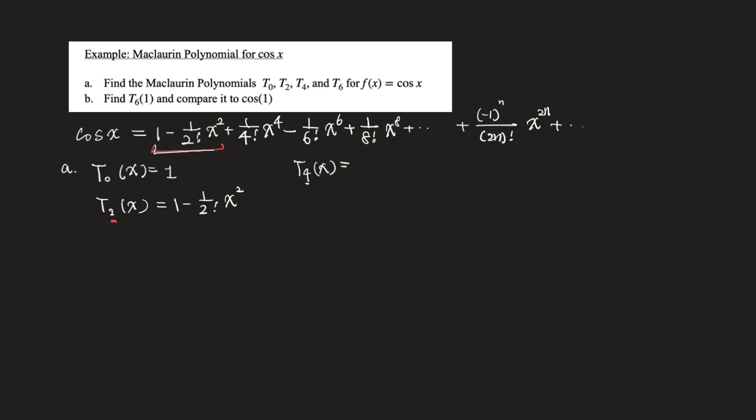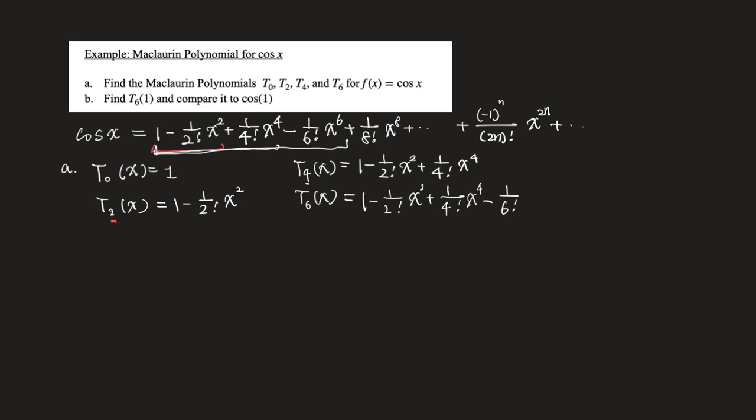You take the constant up to degree 4: 1 minus 1 over 2 factorial x squared plus 1 over 4 factorial x to the fourth. T6 is degree 6, meaning the constant term up to degree 6: 1 minus 1 over 2 factorial x squared plus 1 over 4 factorial x to the fourth minus 1 over 6 factorial x to the sixth. That's the degree 6 Maclaurin polynomial for cosine.